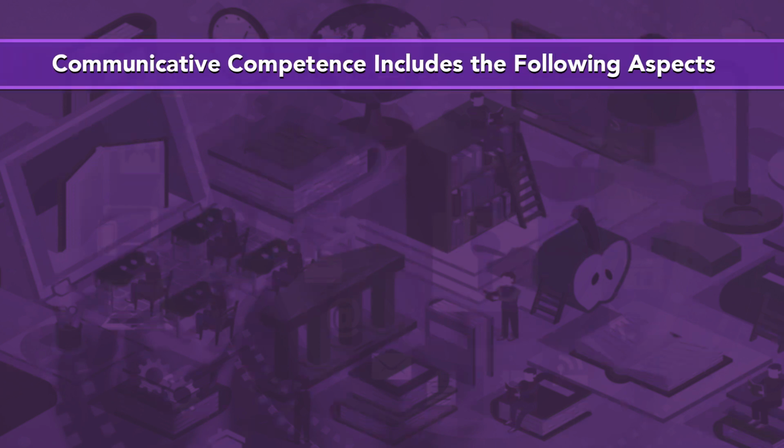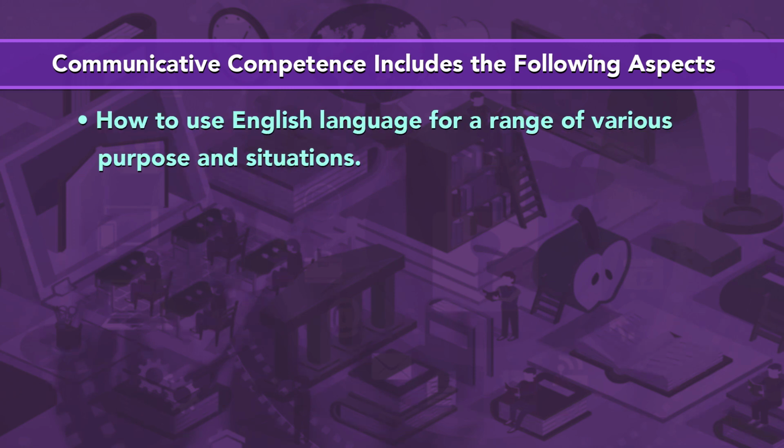Here we are talking about the communicative language approach, where communicative competency is very important. What we can include in communicative competency is how to use the English language for a range of various purposes and situations.